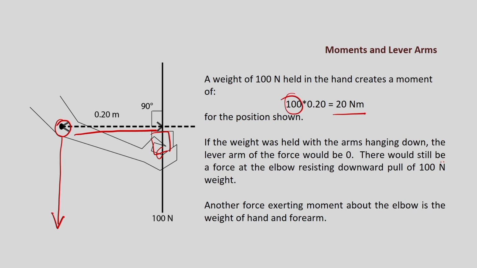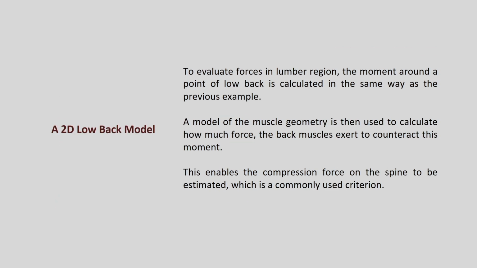There would still be a force at the elbow resisting the downward pull of the 100 Newton. So, here there is a moment because it is creating a distance, but here it is direct, so the distance is 0, not the angle. So, this way we can calculate moments or lever arm for this particular figure.